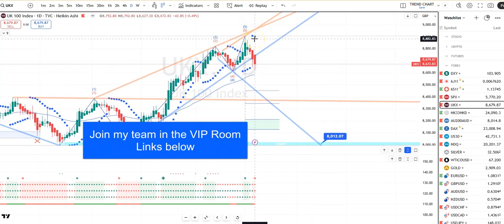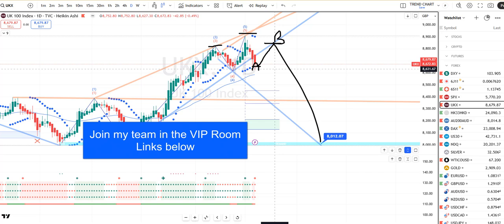Now this is usually an exhaustion phase, as we call it, but I do expect within a wave 5 for there to be an ABC pattern. What that means is I do expect the price to come back up, achieve some kind of head and shoulders here, and then B being the entry point, this being the A, and then I do expect the price to come down to C. This has been projected here, here, here, here.